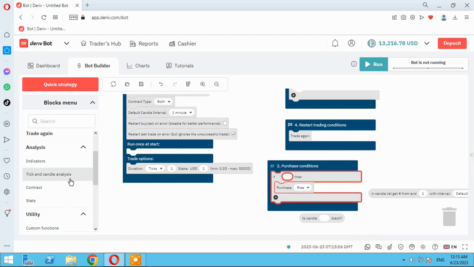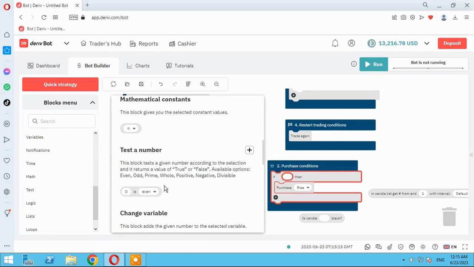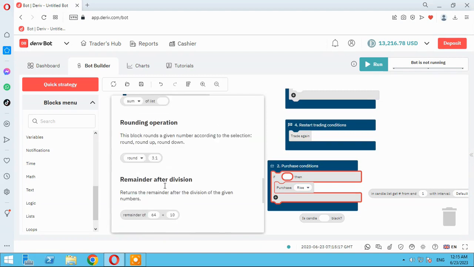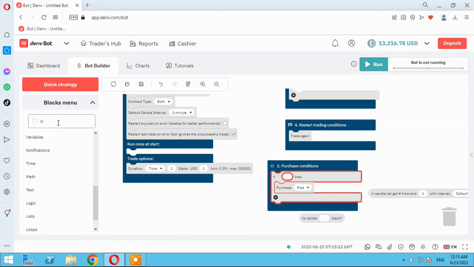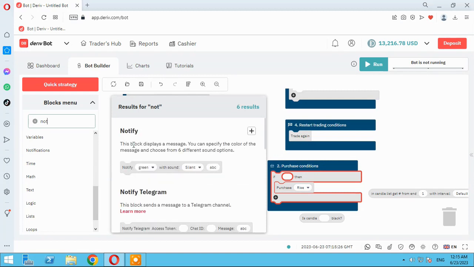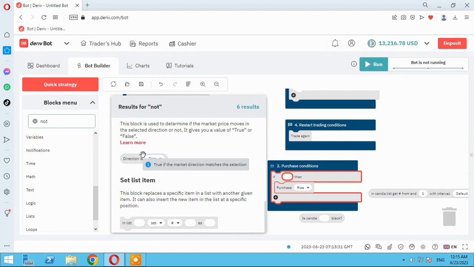For example, we need a not element here. I have to find it. Let me search it. I don't remember where the not element is. If I can find it, I have to use else in this method.